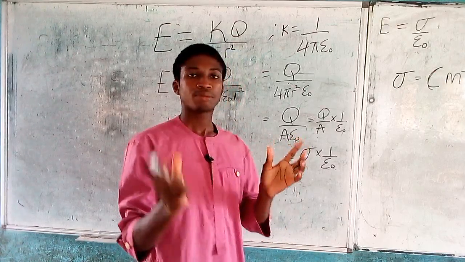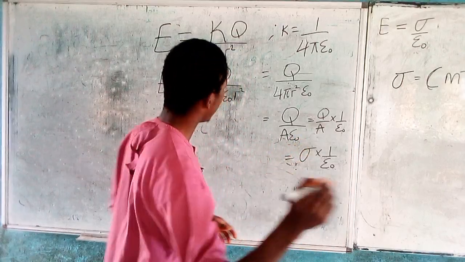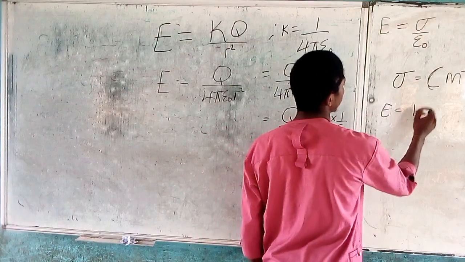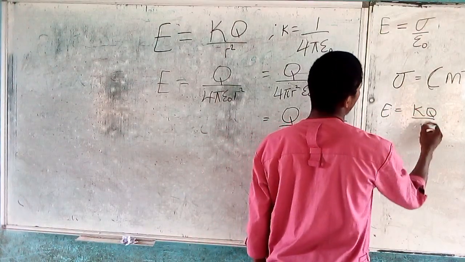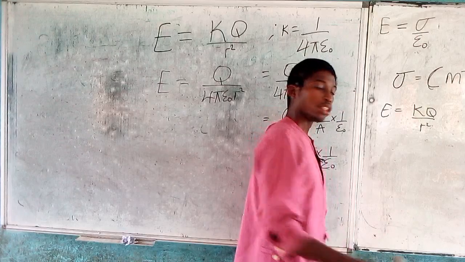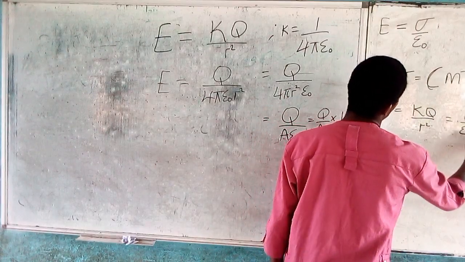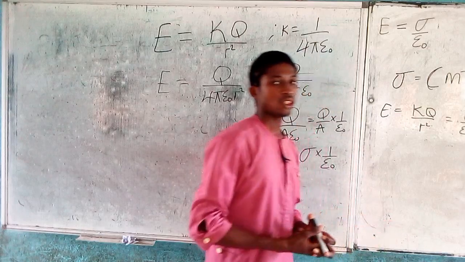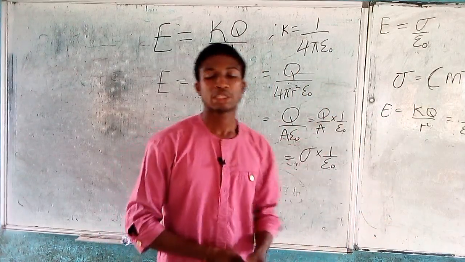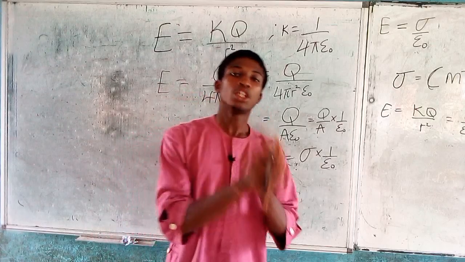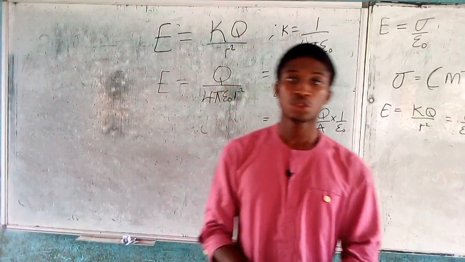Remember the manipulation: electric field is equal to kQ over r squared, and this is also equal to the surface charge density over epsilon naught. It's just a little bit of mathematical manipulation. Now let's go into a question and see how we can solve it.